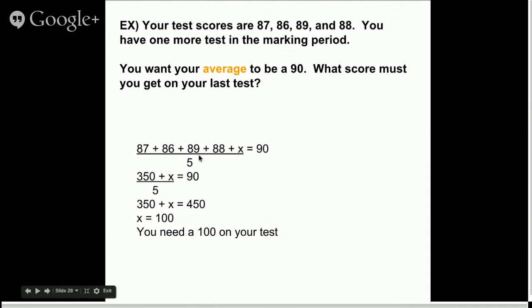Multiply by 5. So 90 times 5, you get 450. So 450 minus 350 gives you x is 100. You need to score a perfect 100 on that test.